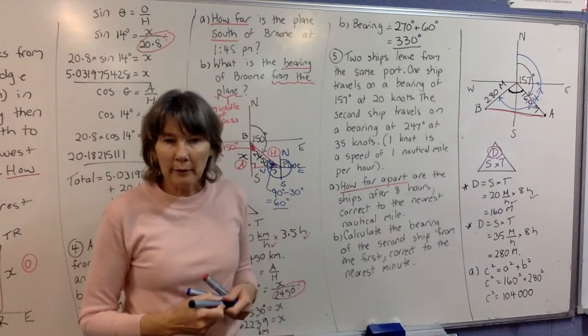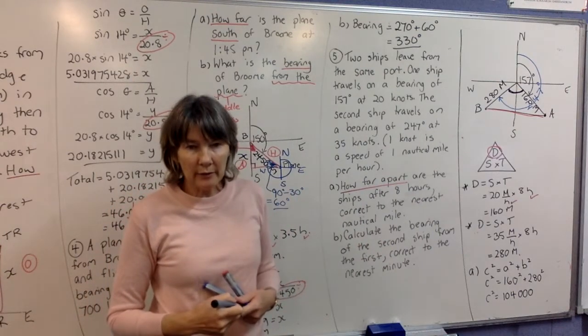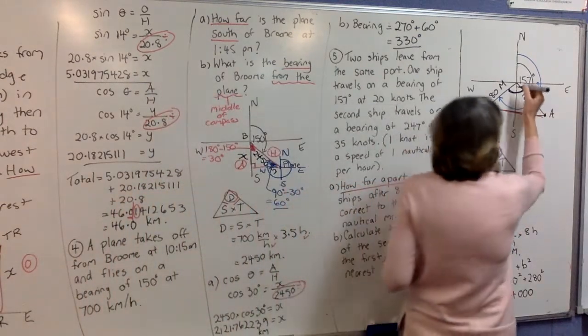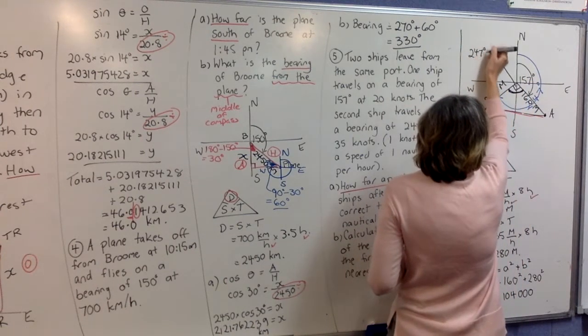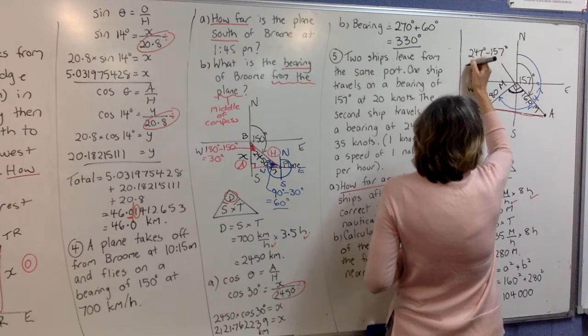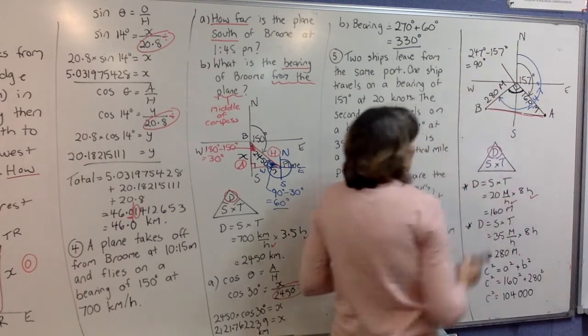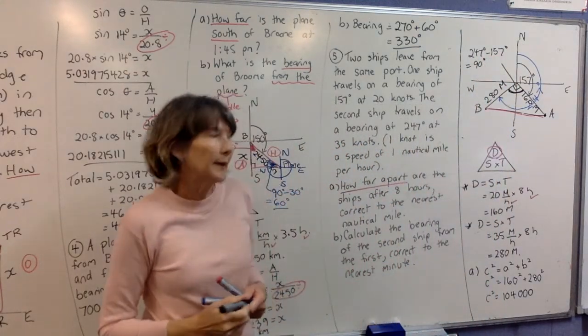Well, if you do 247 minus 157, you'll find out that that's a right angle. It's 90 degrees, which means we have a right angle triangle now.